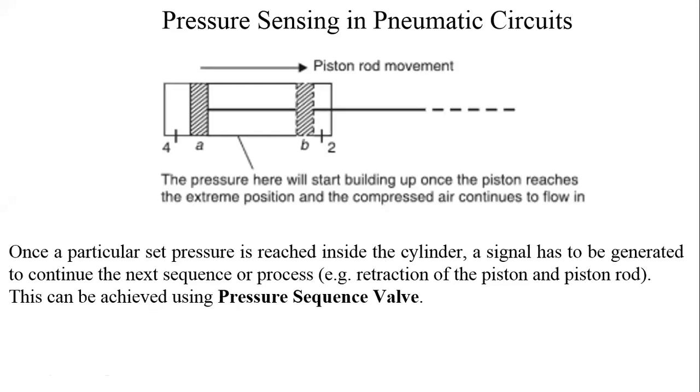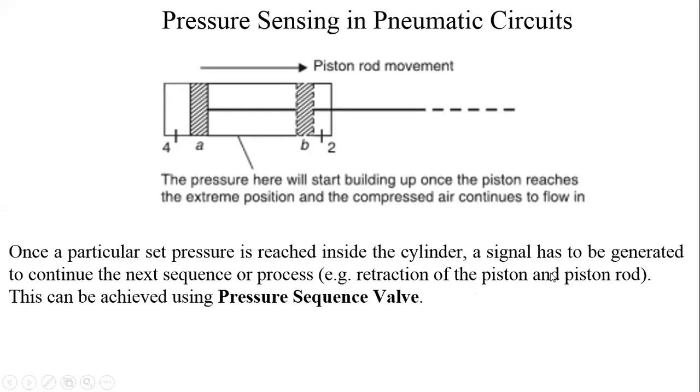You as an engineer who is designing the circuit should know what should be the pressure set. Accordingly, with the help of spring on the top of pressure relief valve, one should set that pressure. If that pressure is reached and if it will start exceeding that particular value, a signal has to be generated to continue next sequence or process. Let it be anything. For example, retraction of the piston and piston rod or any other next successive process.